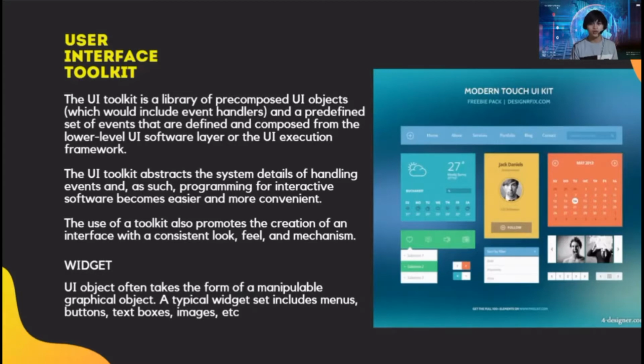The UI toolkit abstracts the system's details of handling events, and as such, programming for interactive software becomes easier and more convenient. The use of a toolkit also promotes the creation of an interface with a consistent look, feel, and mechanism.